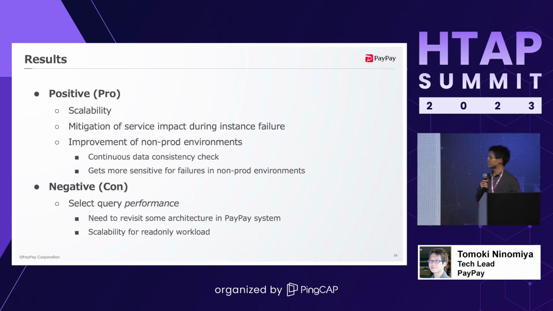However, there is still a downside. Actually, this is not a huge problem, but select query performance. As I mentioned, latency is larger than the previous one. So we need to revisit some architecture in the PayPay system, because some other systems depend on the select query latency with the previous architecture. And another one is scalability for read-only workload.